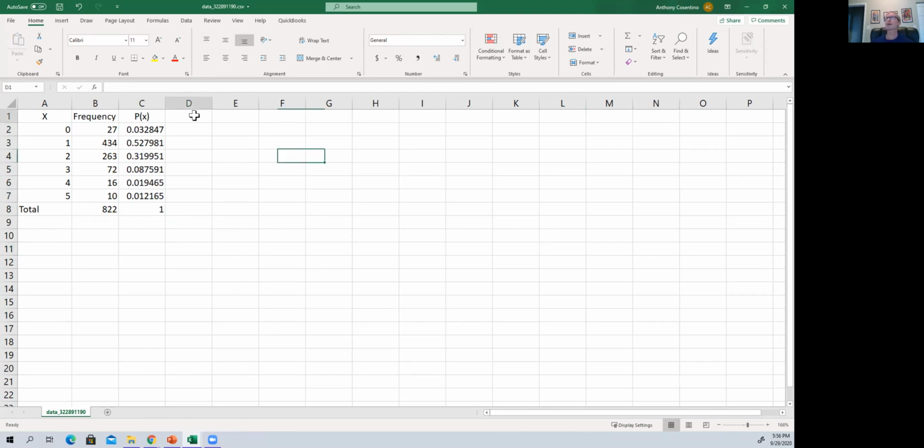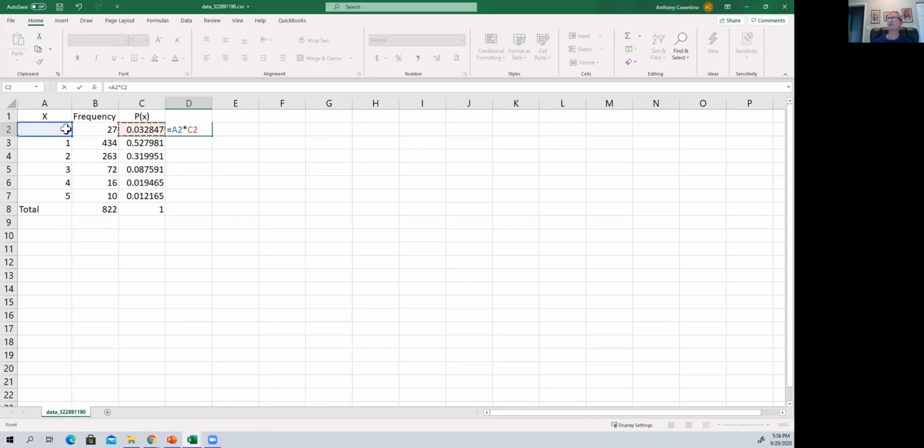So here, the next one, we can calculate the expected value or the mean. It would be X, the value, times P of X, right? To do that, we set up an equal sign, and it's this number, and then you hit times that number.